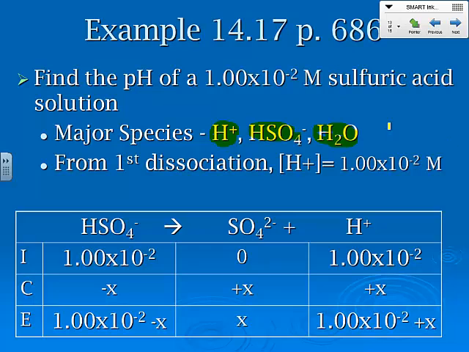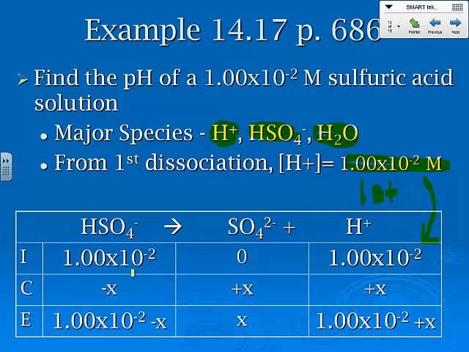Now, the first dissociation is a strong acid, so it's going to completely dissociate. So from step number 1, we started with sulfuric acid, and we automatically get 1.00 times 10 to the negative second molarity. So when we make our ice table, we can plug that in from the first step, so to speak.